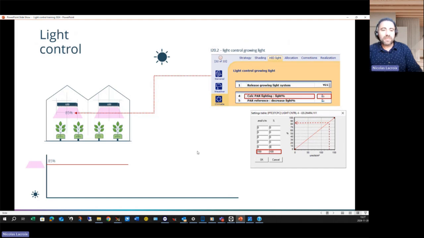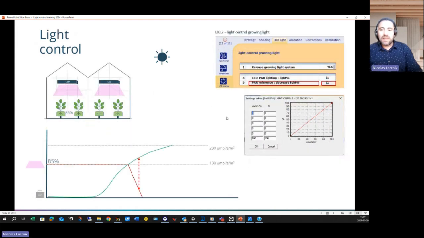And here you can see what the power reference decrease lights will do. That's a bit tricky because it's different from the radiation. It's really my calculated output of the fixture compared to the measured power level. So as soon as I have 100 difference here, I will have dimmed my light completely, so it will be switched off.